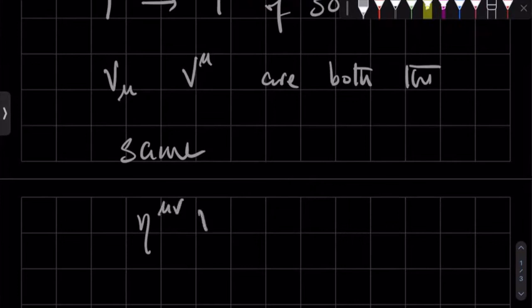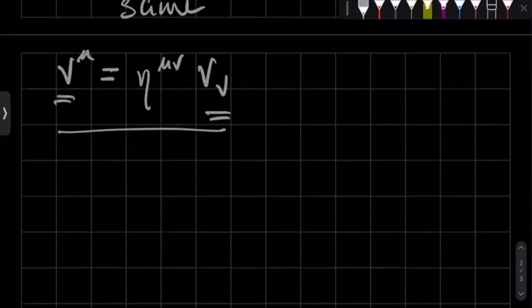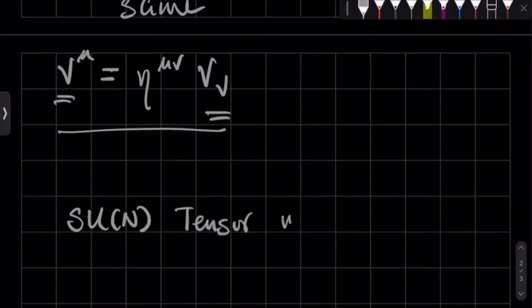So if I contract with this guy, I get this guy. So they are essentially equivalent representations. Okay, so this is just a recap before today's discussion, which is SU(N) tensor methods. Are there any questions so far?